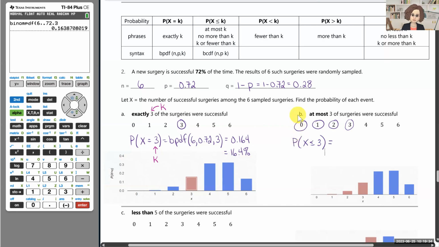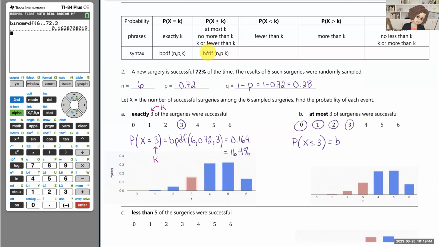All right, so rather than finding the binomial PDF of each one separately and adding them ourselves, we have this function on the calculator, binomial CDF, which will add those probabilities for us. So n, p, and k.